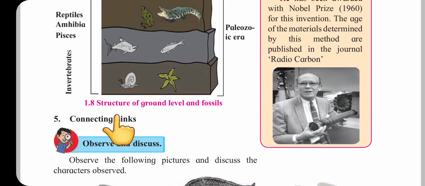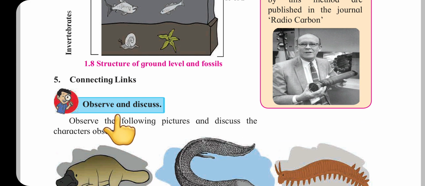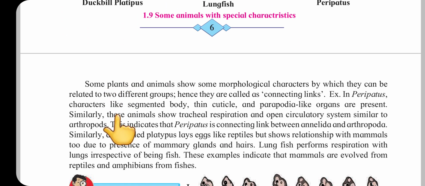Next evidence is the connecting links. What is the definition of connecting links? Some plants and animals show some morphological characters by which they can be related to two different groups.